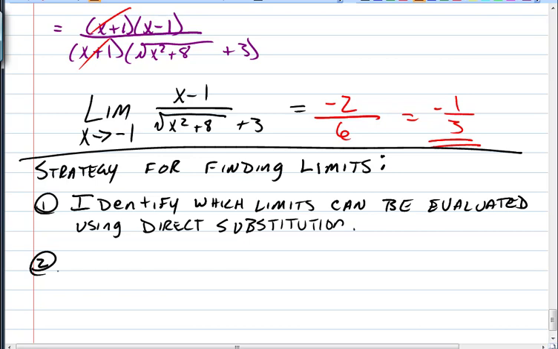Next, if you cannot use direct substitution, try algebraic manipulation.